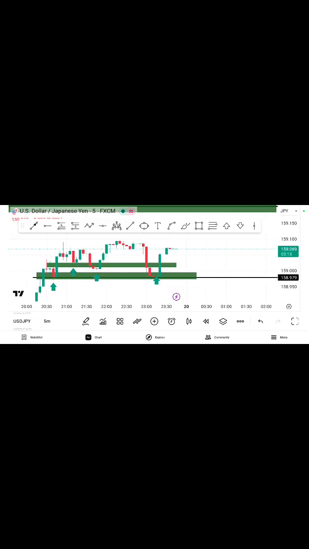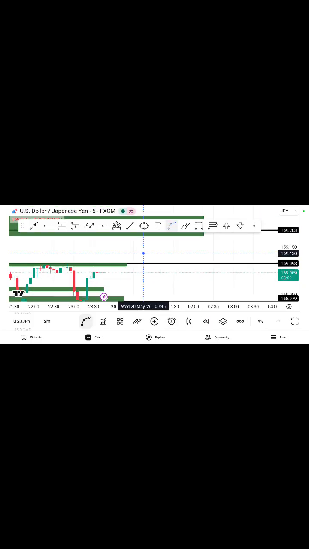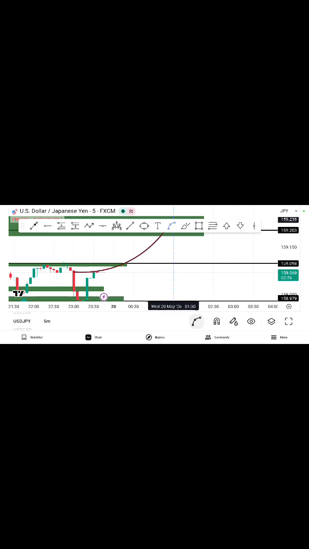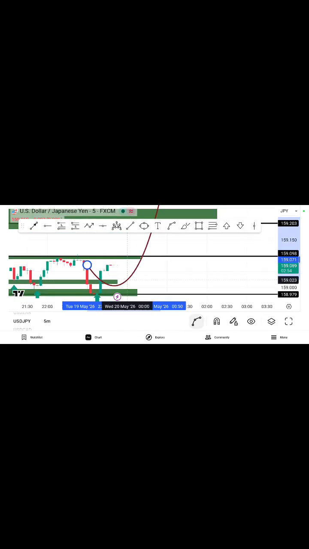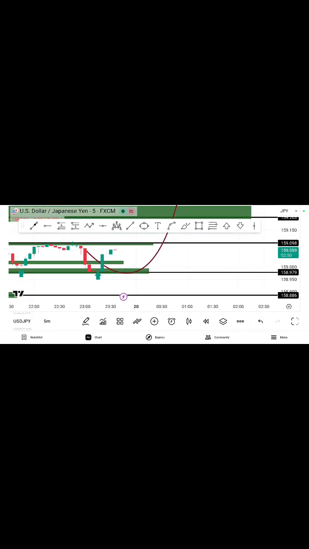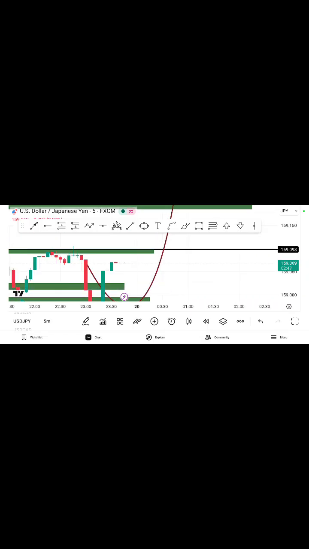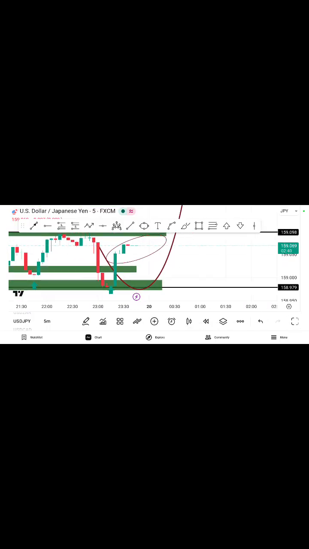You could have added so many entries and then expected the market to break these, maybe retest on it, and eventually break to the upside. Since USD JPY is buying. We cannot enter here though, because we are at the high, right? Yes, at least we could have entered around here.